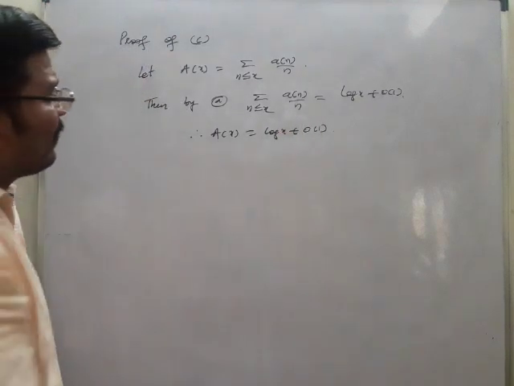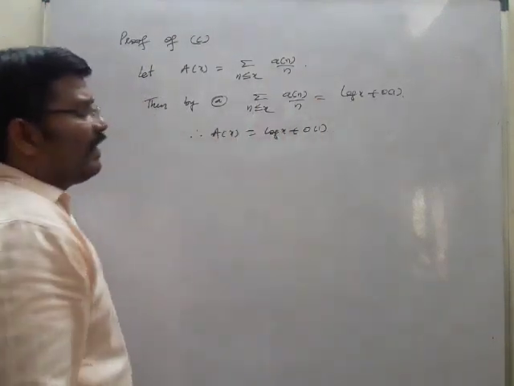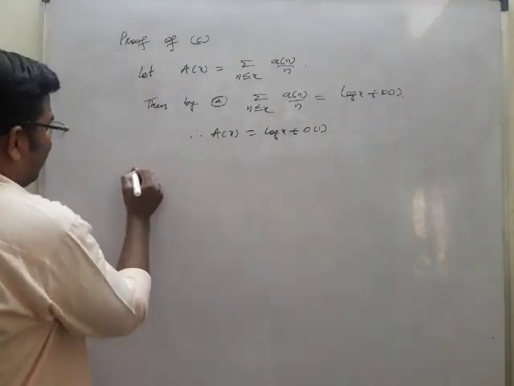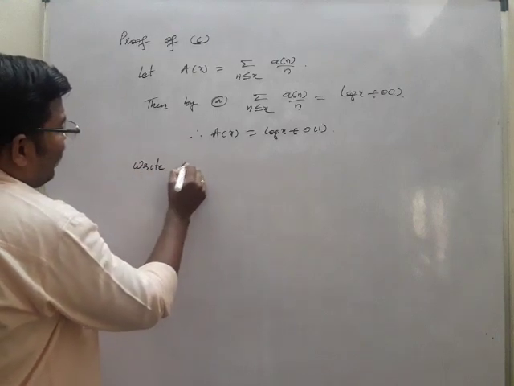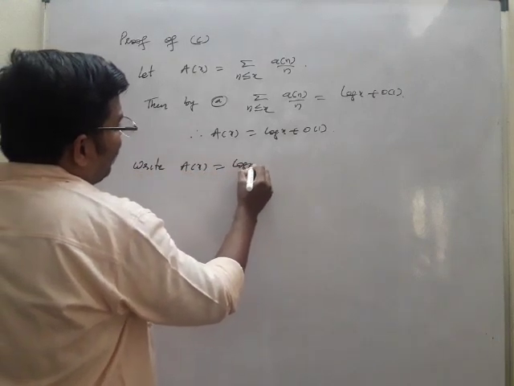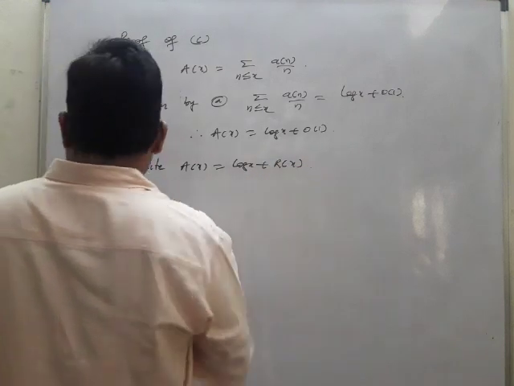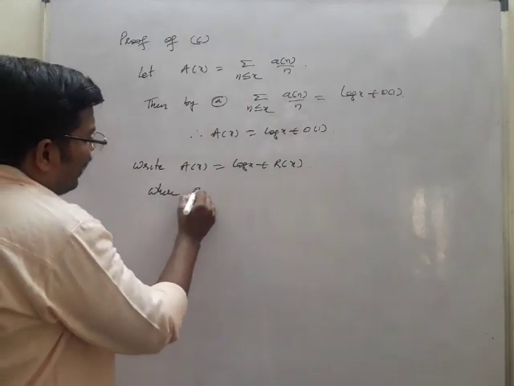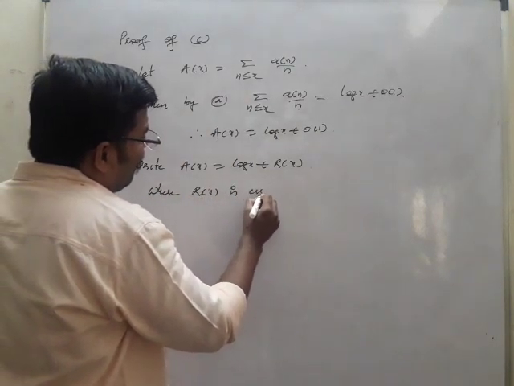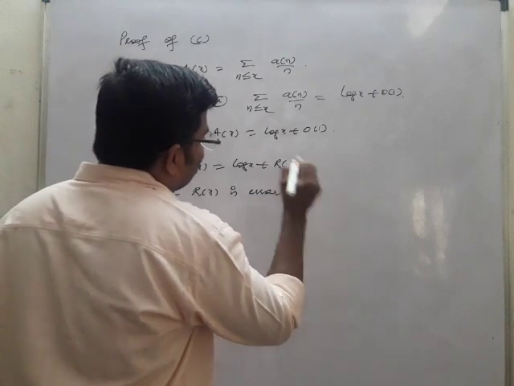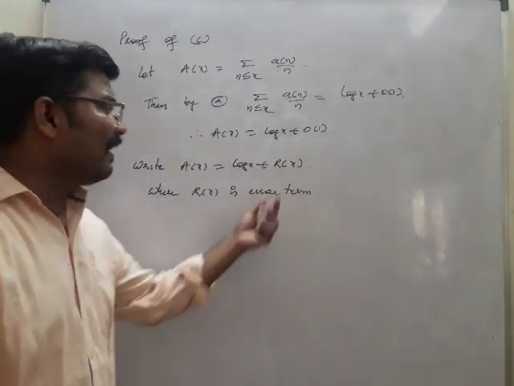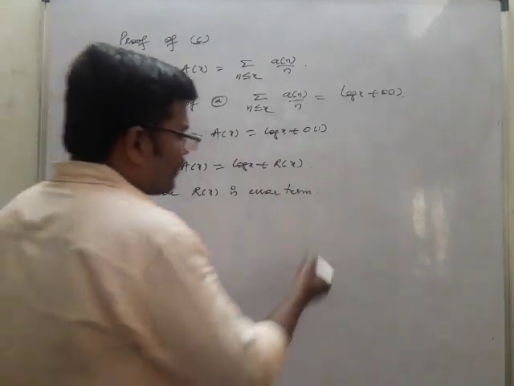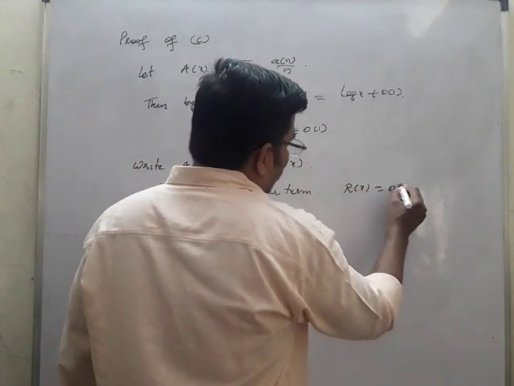Let us write a of x is equal to log x plus r of x, where r of x is the error term, which is nothing but big O of 1.